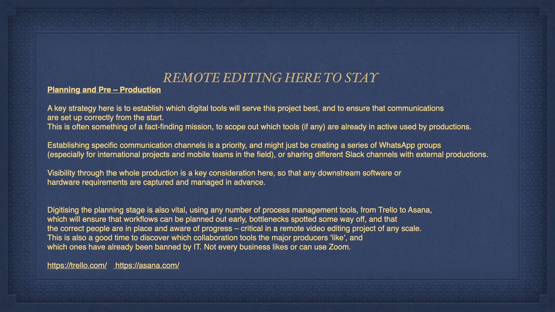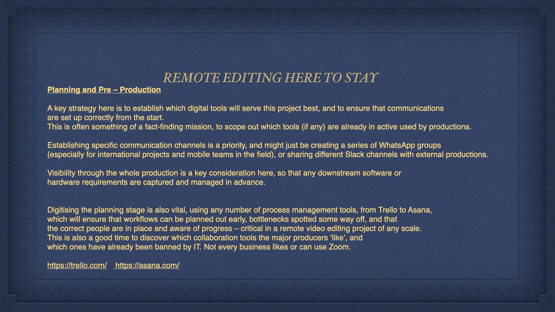What's very important with remote production and post-production is to set up and plan for these. A key strategy here is to establish at the start which digital tools we're going to use for the project, and to ensure that communications are set up correctly from the start. It's often a fact-finding mission to scope out which tools, if any, are already being used by the productions.